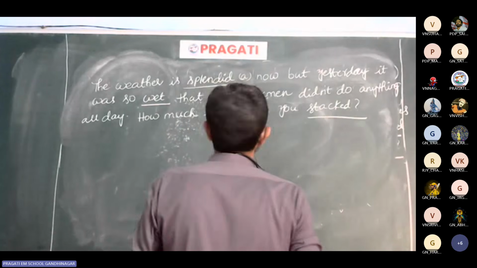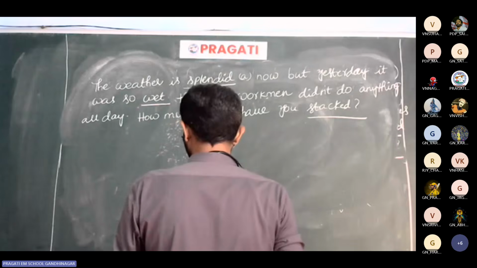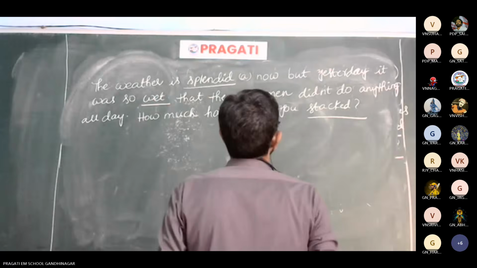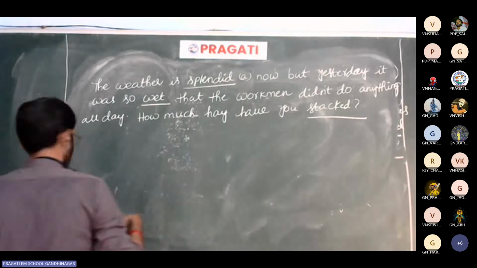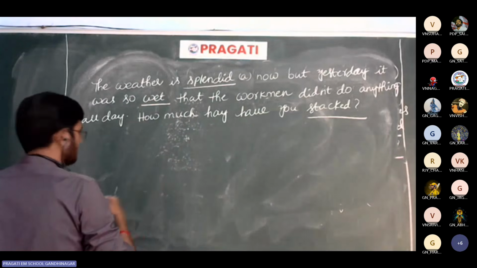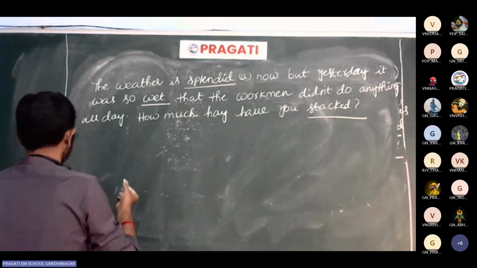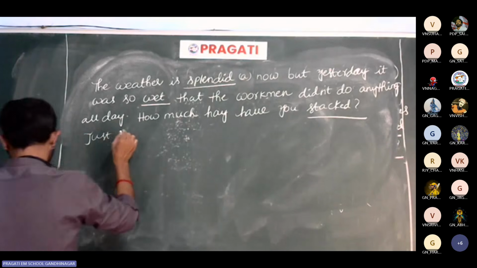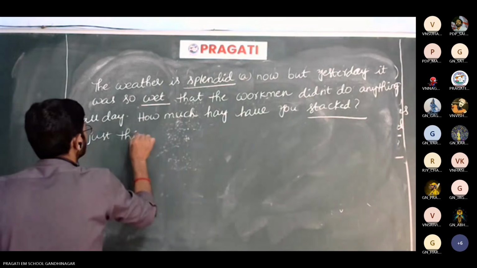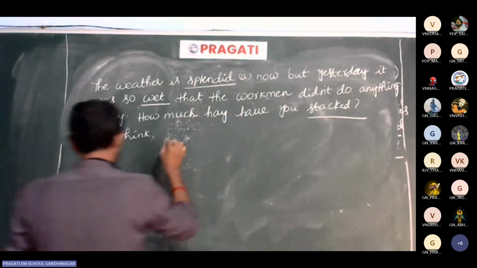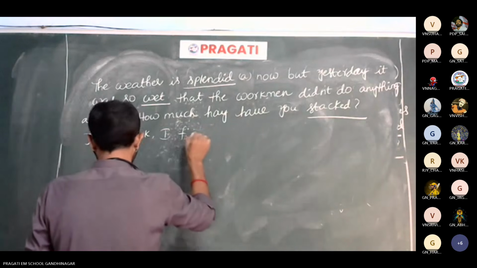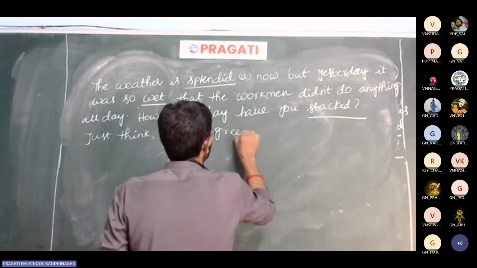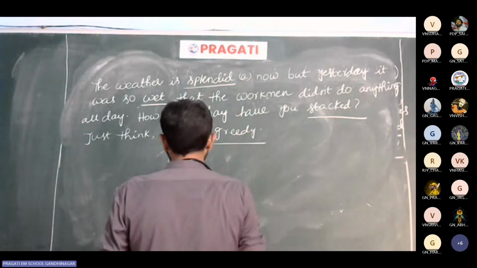I am not able to comprehend what is given here. Okay. So since it is not very clear here, I will write a sentence of my own. So just think that it's clear. I felt greedy. So greedy is also underlined here.